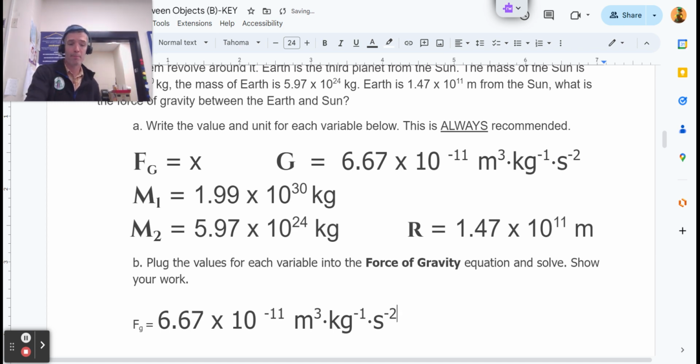I'm going to put this in parentheses. It doesn't have to be, but that way you won't get mixed up by the units.